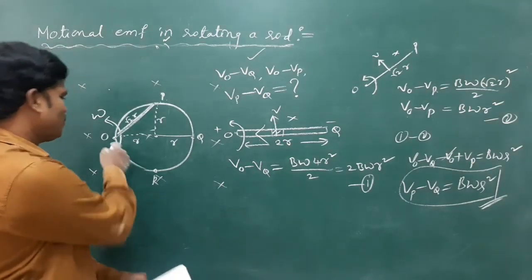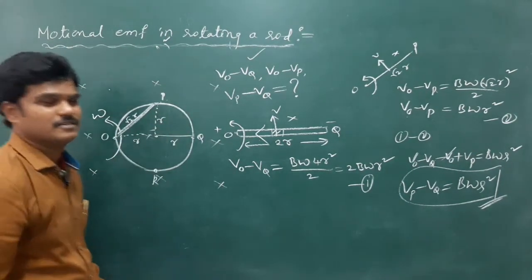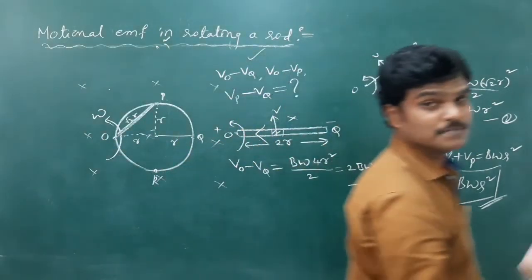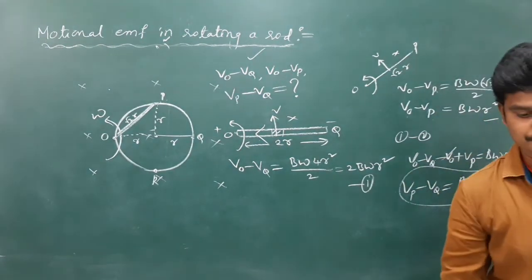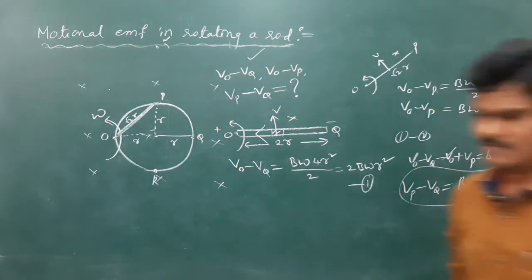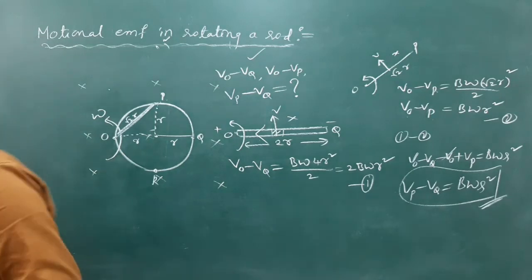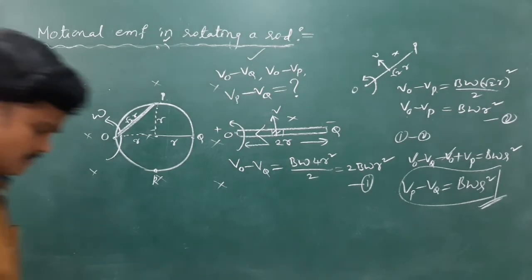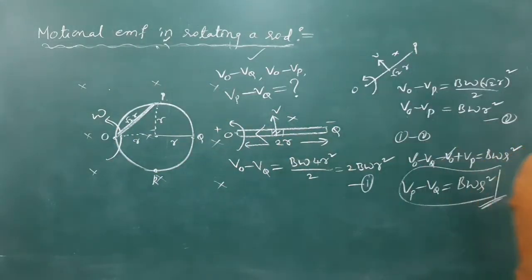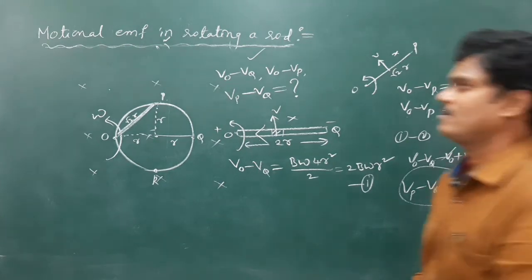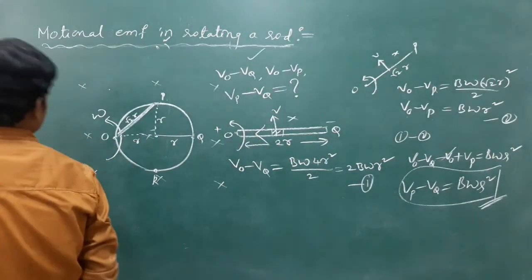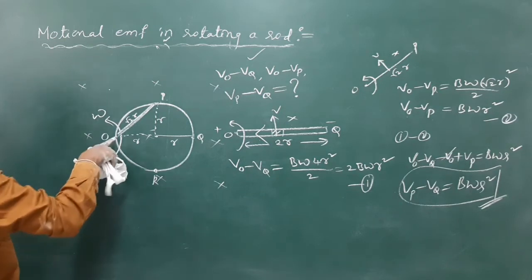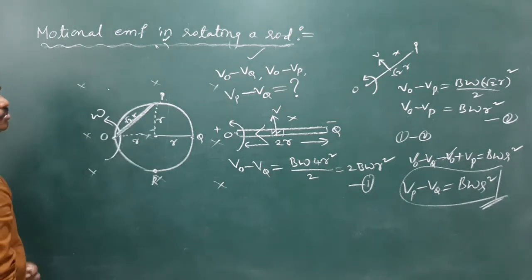So you can find OR, OQ, whatever. Okay, so follow the conceptual way. Here I am replacing OP with a length which is equivalent to root 2r.